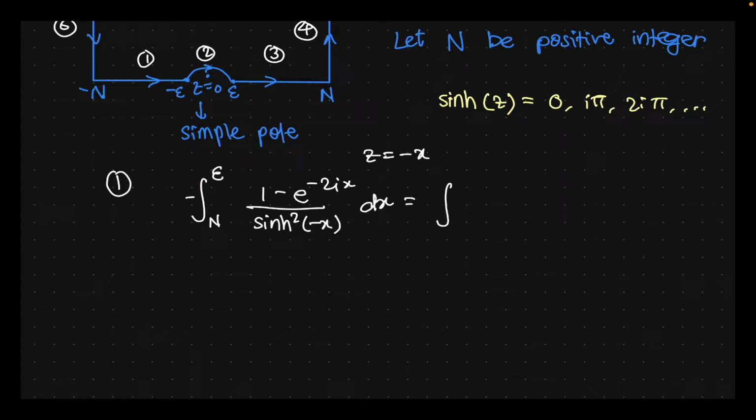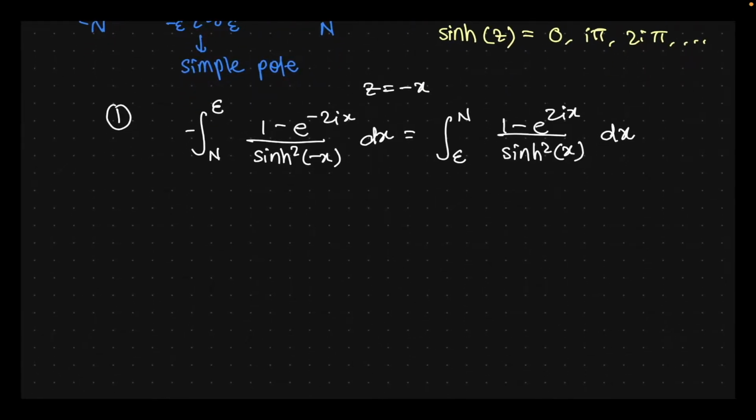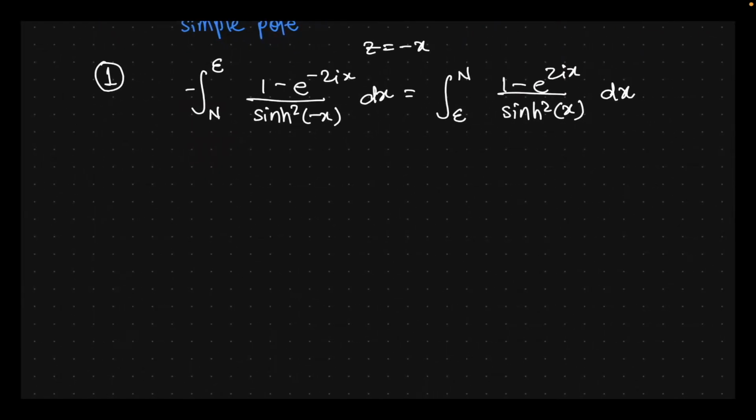Well, sinh of minus x is minus sinh x, but we're squaring it, so that doesn't really change much for us. That's something really nice about this denominator. That seems kind of bothersome at this point. That's segment 1. What about segment 2?